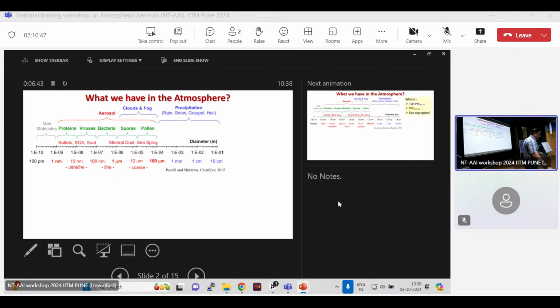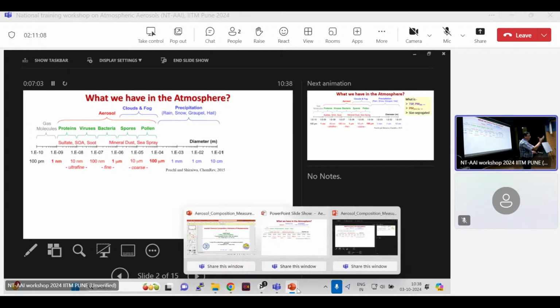So mineral dust, we know, is windblown mineral dust, and sea salt. How is sea salt produced? What happens? When a wave overturns, it traps air. This air forms bubbles. These bubbles burst. So whatever you have in seawater, the same thing comes out in the form of aerosol.